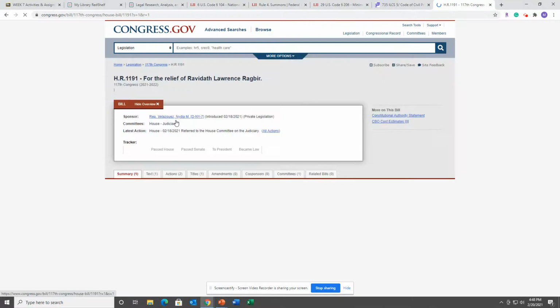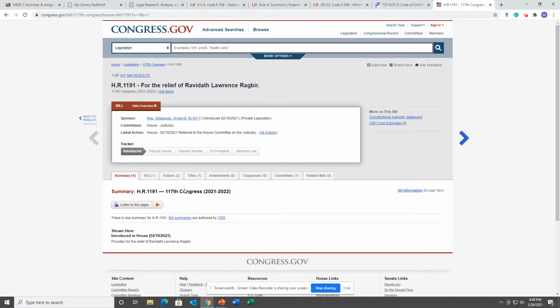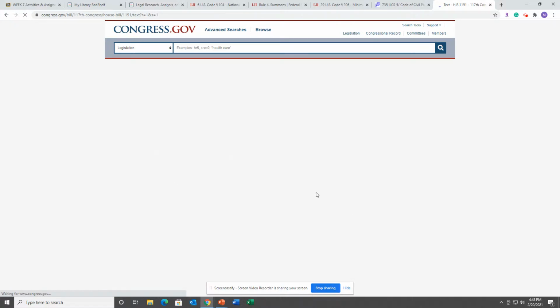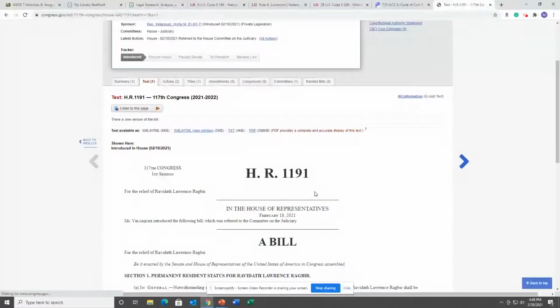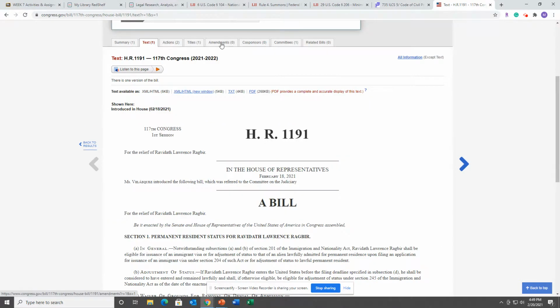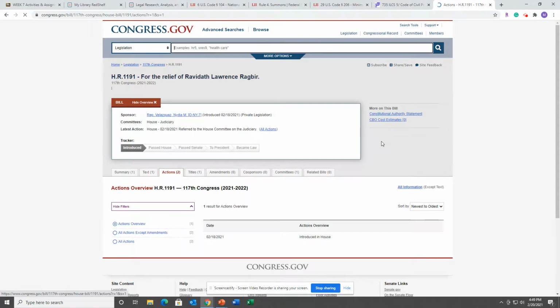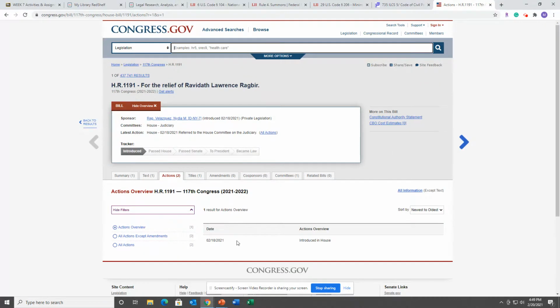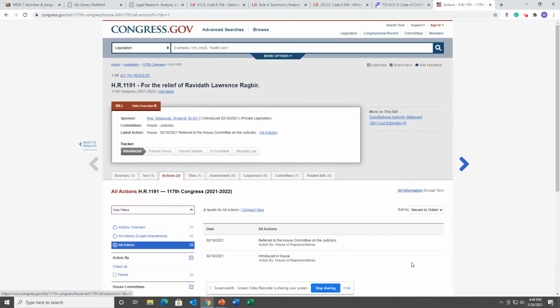So here I'm in this bill number. Here's the text of the bill, so that's the actual bill itself. And here's what's happened, the actions. It was introduced in the House and referred to the House committee.